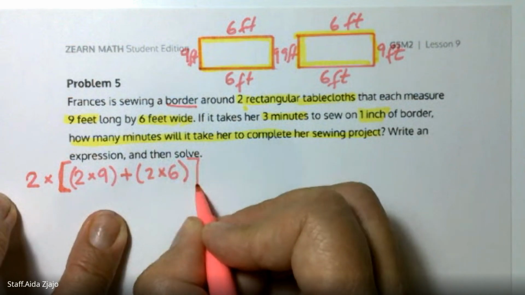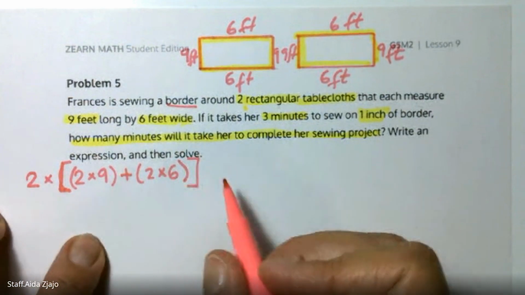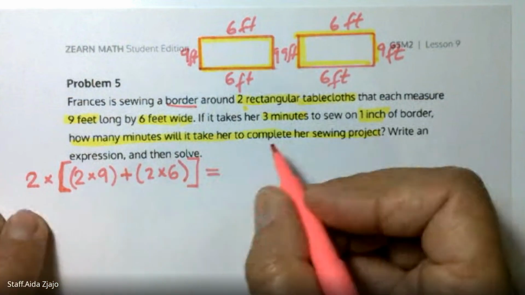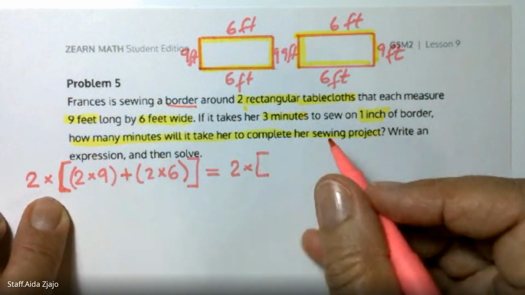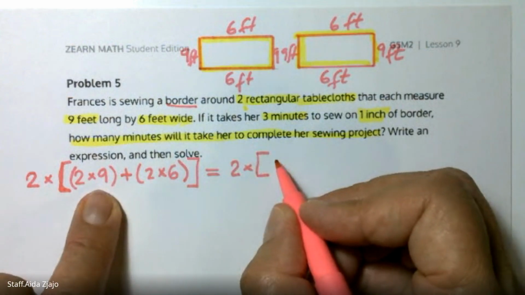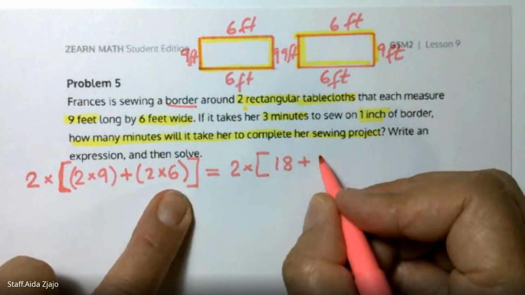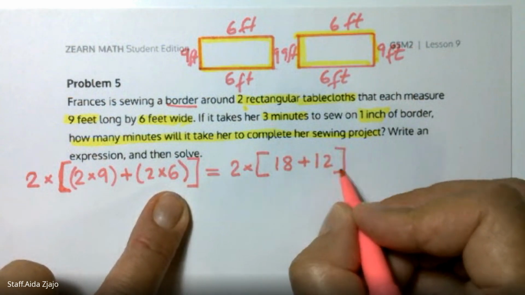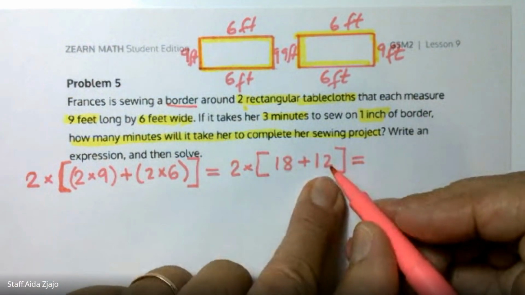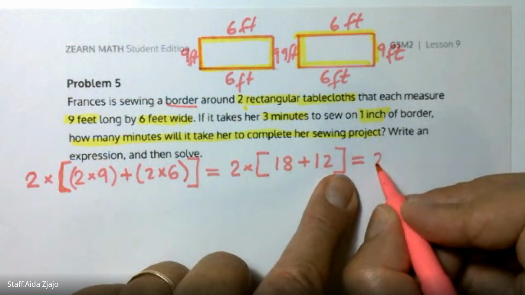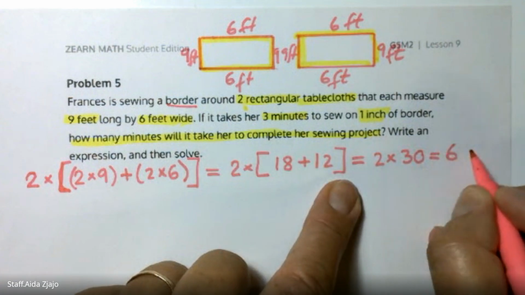Okay, so now we have an expression for how many feet there are. So 2 times, open bracket, 2 times 9 is 18, plus 2 times 6 is 12, and then all together 18 plus 12 is 30, so 2 times 30 equals 60 feet.